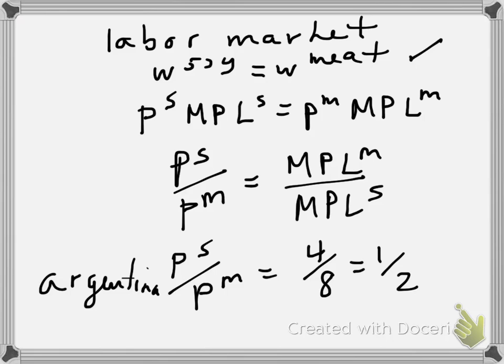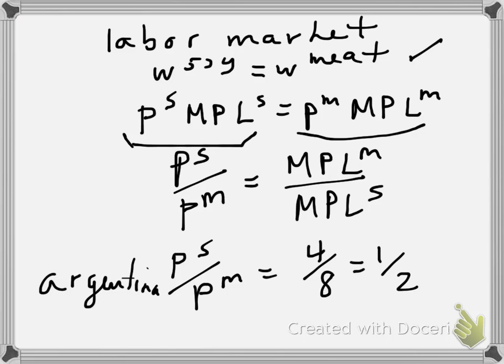And under perfect competition, which is an assumption this model makes, the wage is equal to the price of soy times the marginal product of labor in the soy industry. The wage is what you get for your work, and it's equal to the value of your marginal product. So that has to be true in Brazil and in Argentina before trade.